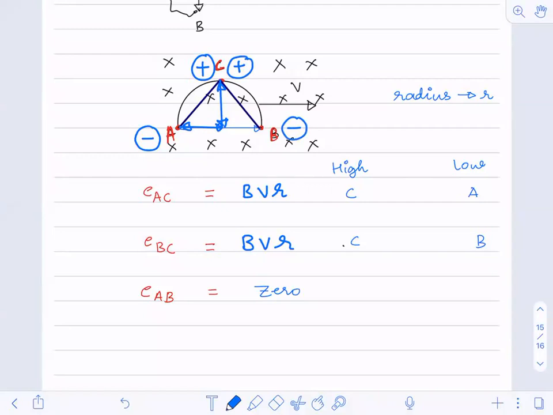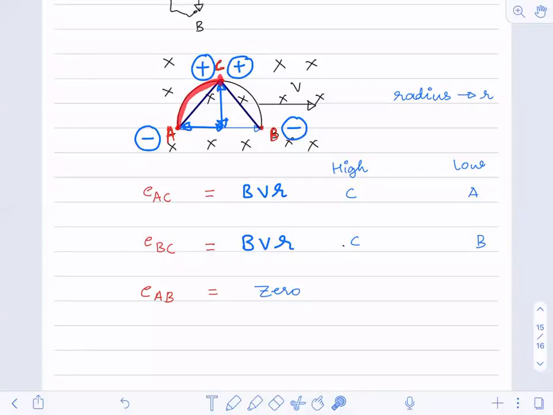Is it okay? Now, I'm going to say one thing. All of you just focus and try to understand. See here. When you move this semicircular wire inside a magnetic field with a velocity v, see what is actually happening. As you move from A to C, the potential is building.